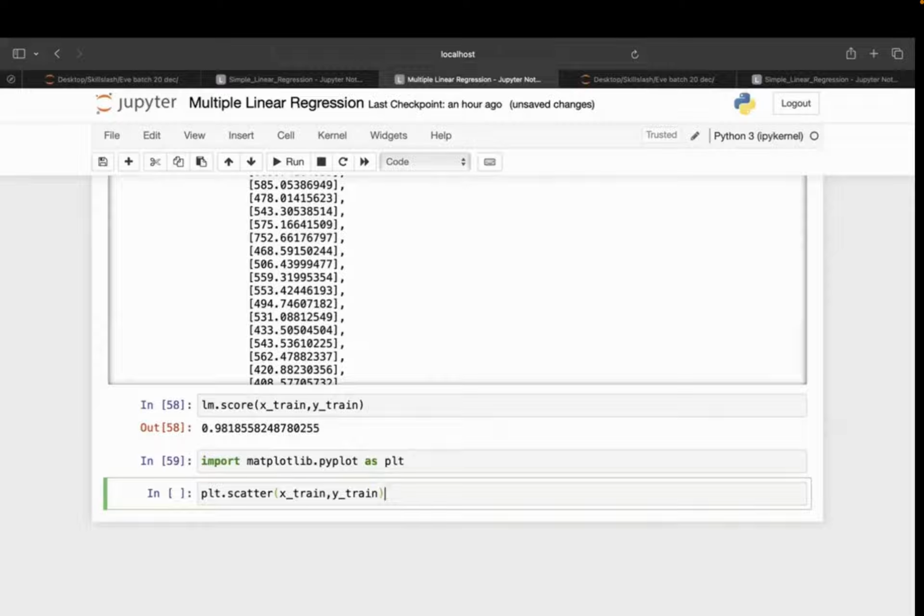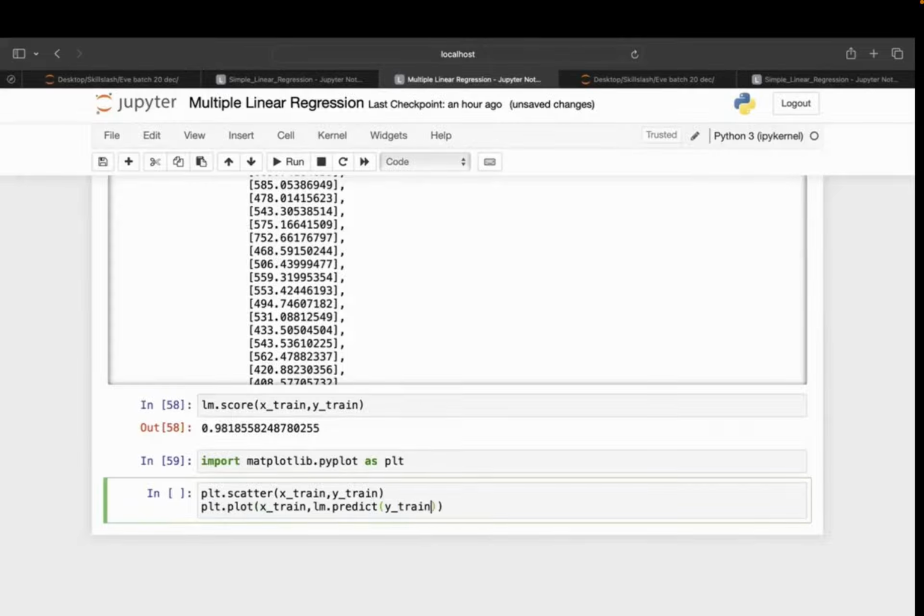It is going to point to my original data points. Okay. Now plt dot plot. You will see the best fit line now. Based on the X train, what we are having, you can simply write lm dot predict.